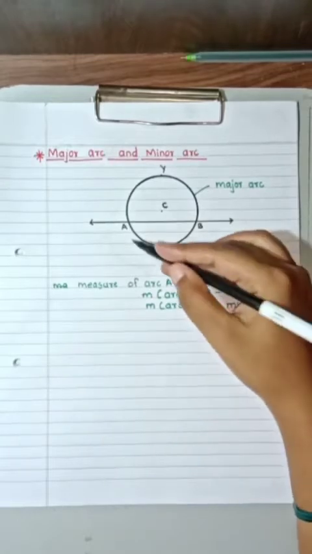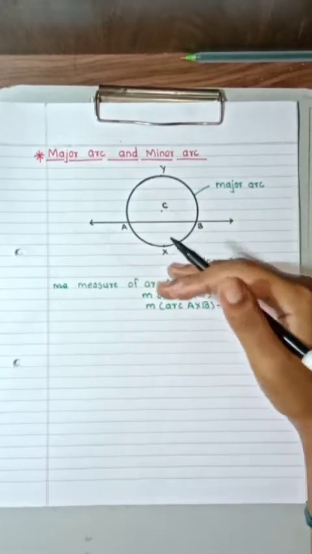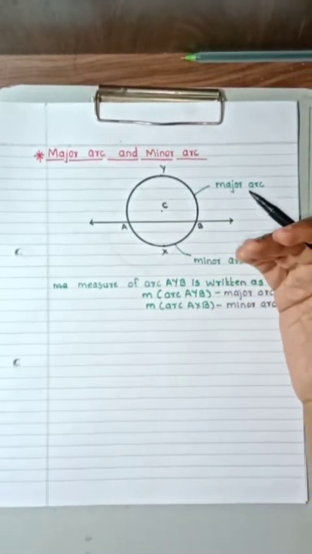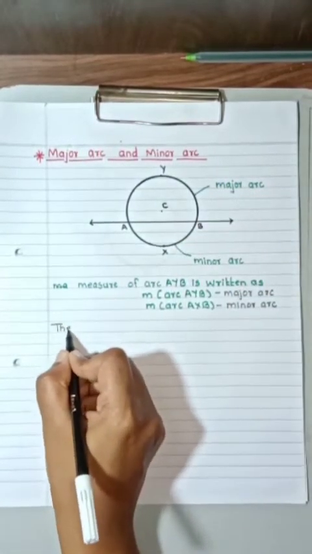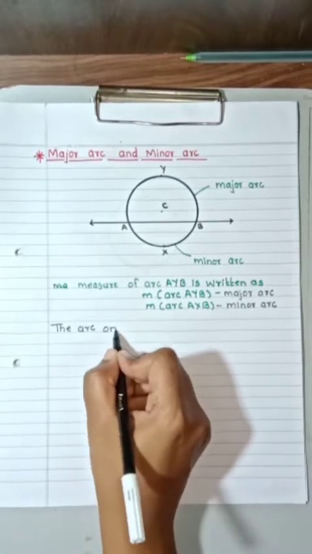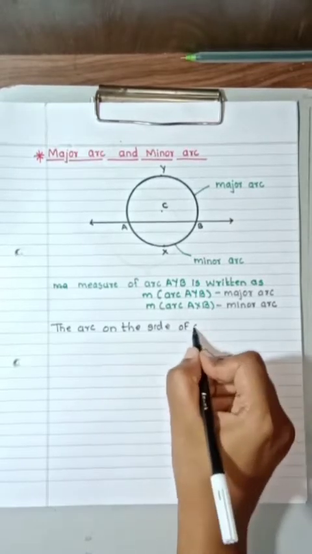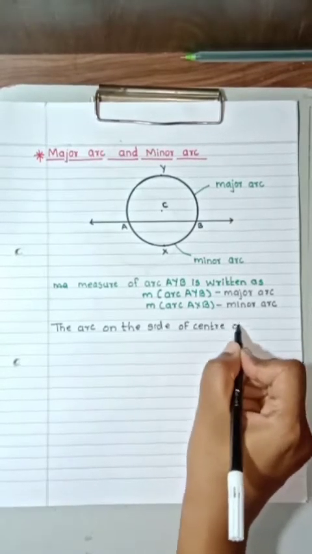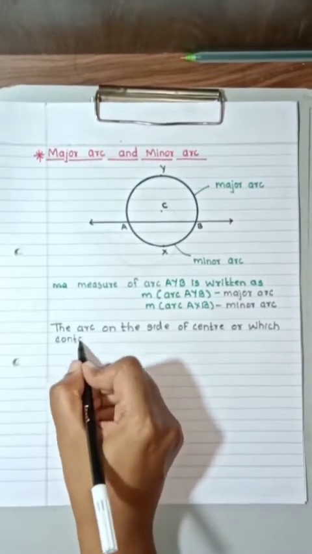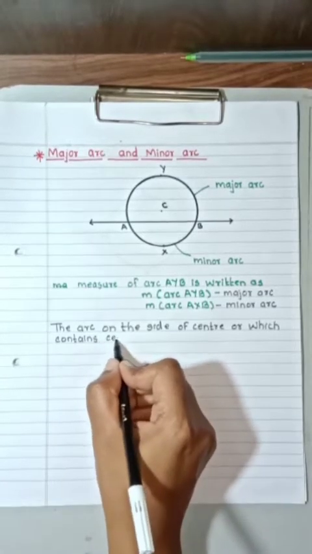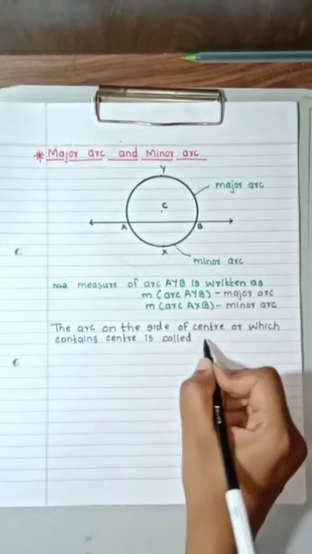Remember that the arc above the secant is the major arc and below the secant is the minor arc. The major arc contains the center in it, but the minor arc is on the other side of the center. Now we'll write down the definition. The arc on the side of the center, which contains the center in it, is called the major arc.